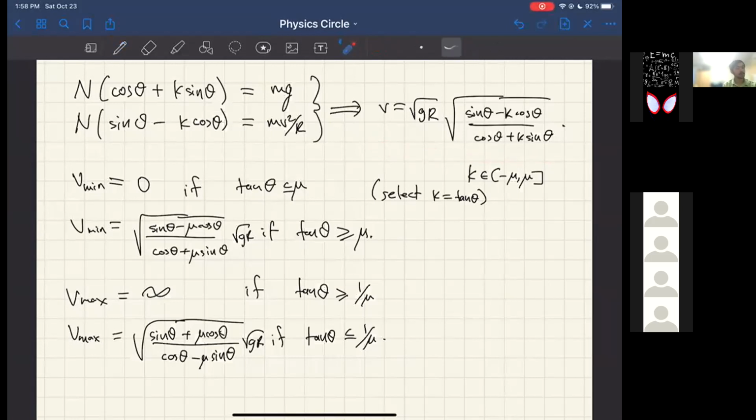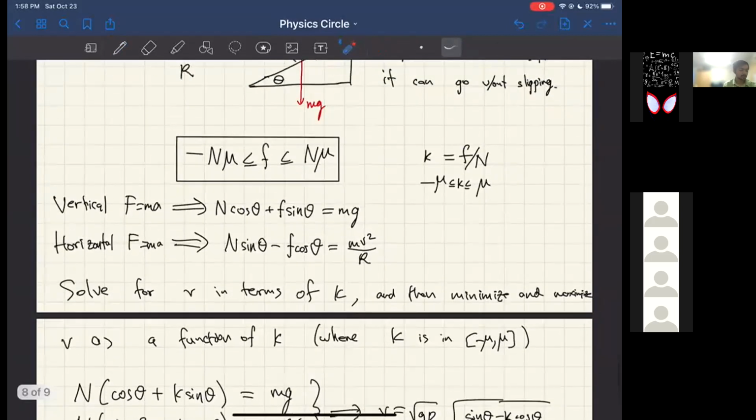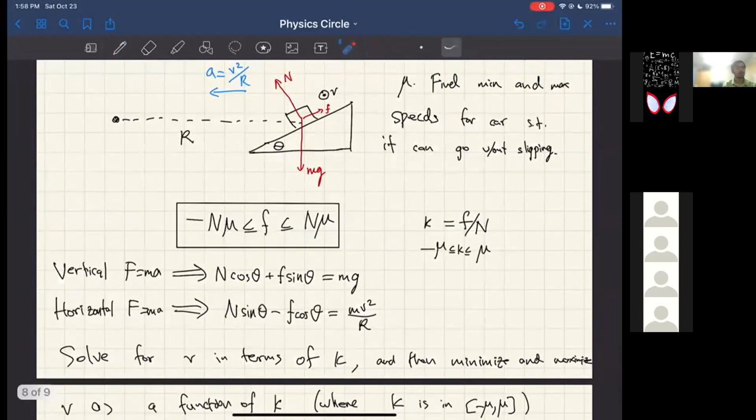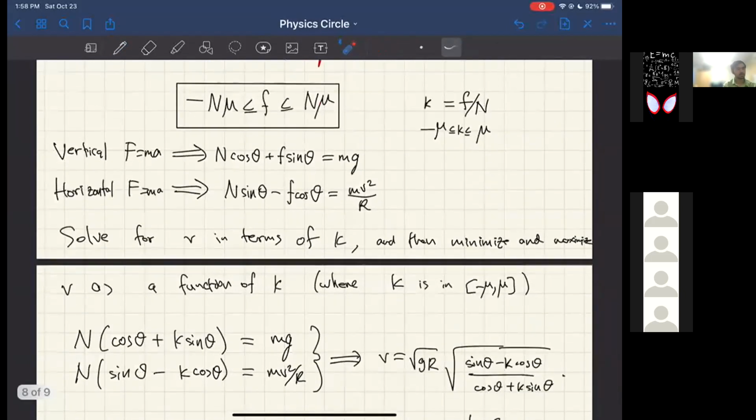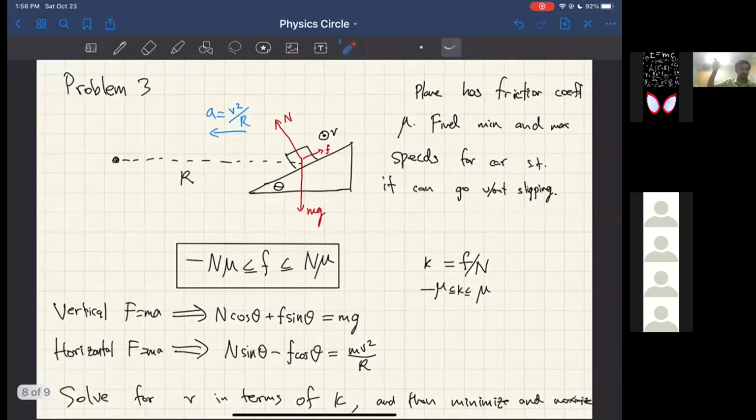So there is a scenario in which you can just be staying on the ramp without moving at all, and you won't slide down. And that's actually very obvious, because if I just stay on the inclined ramp with no circular motion, and tan theta is less than or equal to mu, then that's the standard thing. This thing won't slip down.